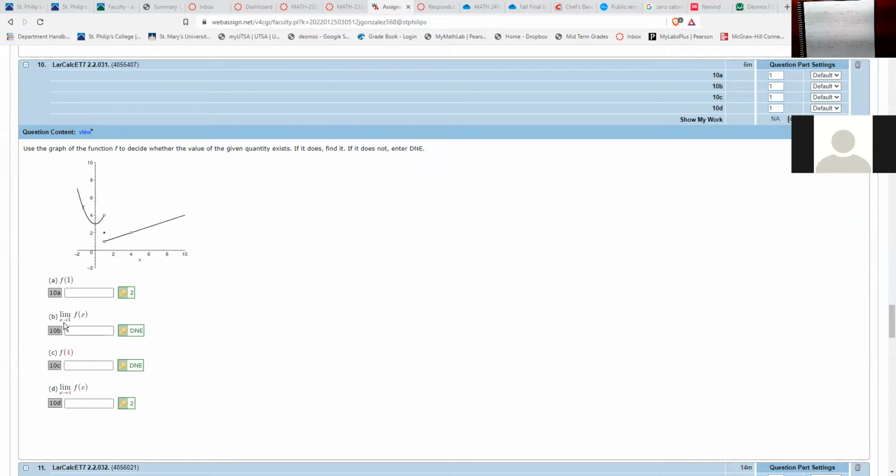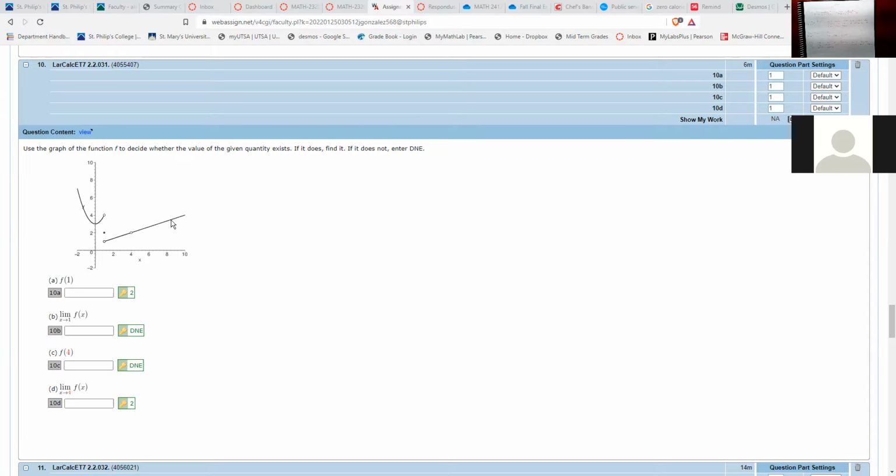The limit as x approaches 1 of f of x is, so let's say we're doing this part right here. The left side is approaching the number 4, right? As I get closer and closer to 1, the y value is going to 4. Do you agree? Yes, sir. Right, so the left-handed limit would be 4.